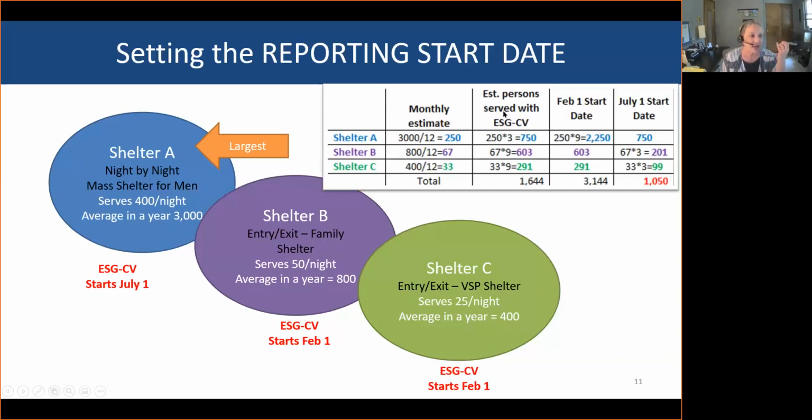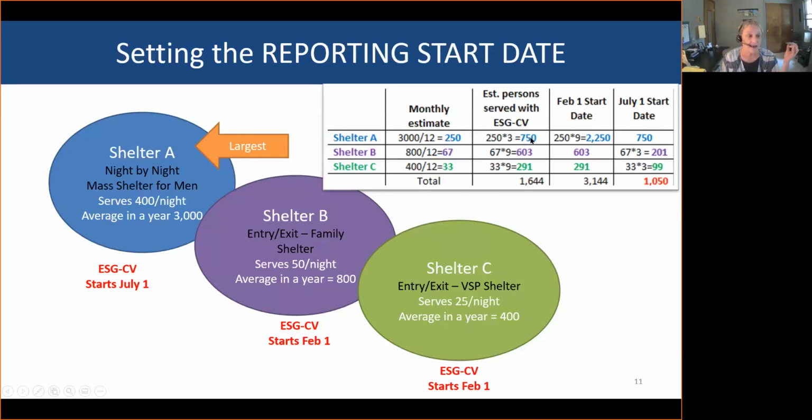Then we moved to say, okay, how many people would I have served with ESG-CV funding roughly? So I am saying that roughly in Shelter A, here it is 400 bed a night people that averages around 250 a month, 250 different human beings.